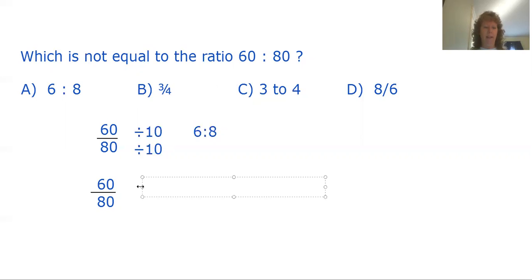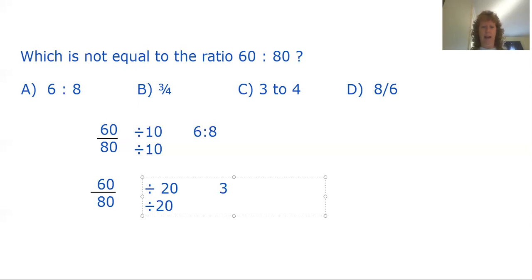If we had chosen to use the largest number I can think of to divide 60 and 80, which would be 20, then 20 would go into 60, 20, 40, 60.